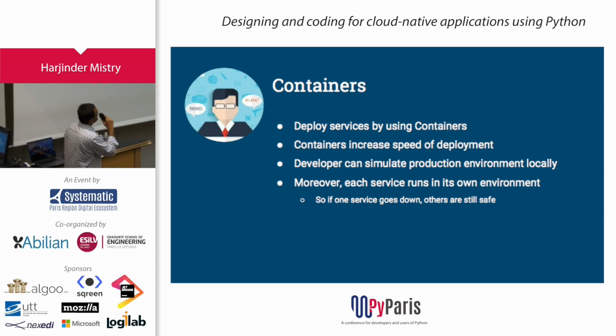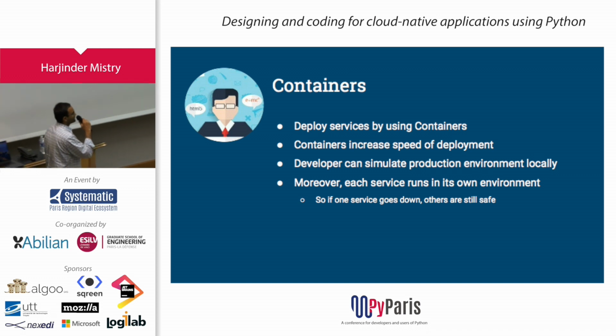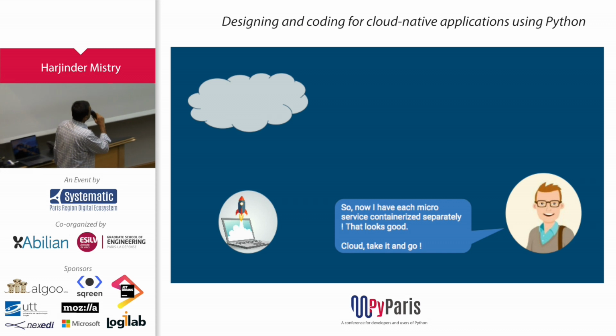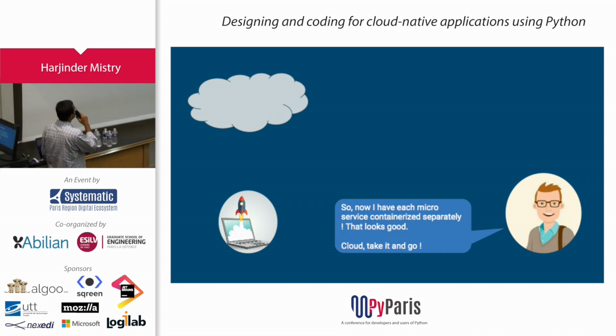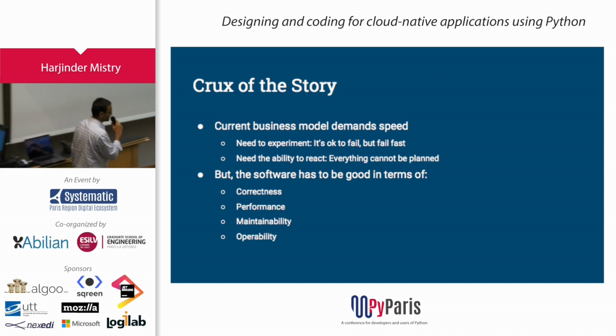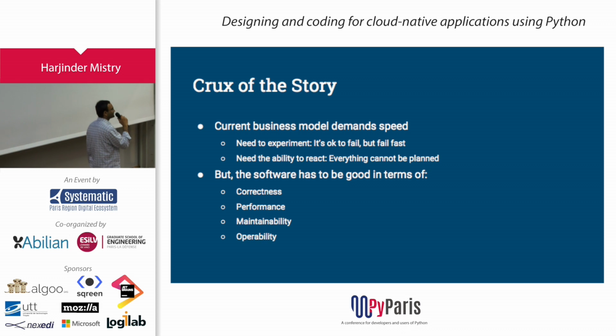Moreover, each service runs in its own environment, so it's isolated and safe. Okay, so Mark does containerization and deploys the service. And then basically, they lived happily ever after. So basically, that's the story of Grace and Mark.